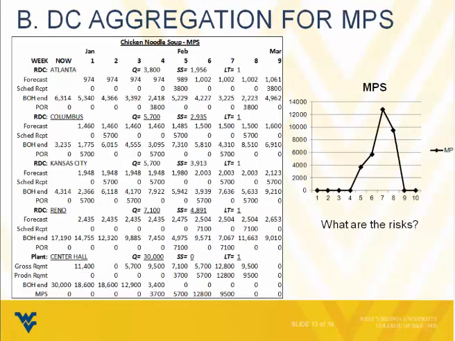Now, looking at it from a plant perspective, this is the MPS for the Center Hall facility. Our plant is in Center Hall, and here we are looking at a master production schedule based upon the planned order releases coming from all of our DCs for one SKU. Here again, clearly you can see the problem.